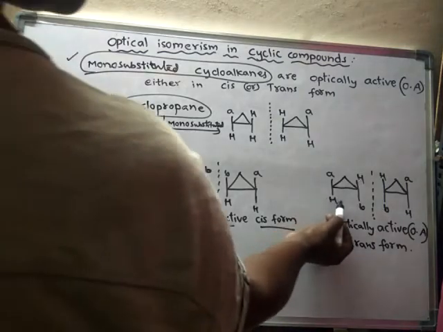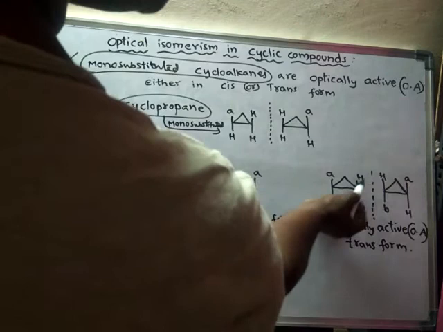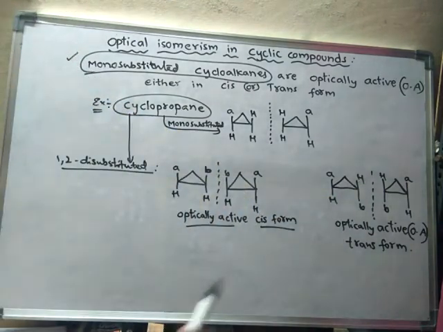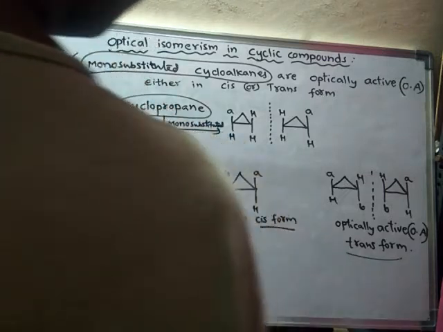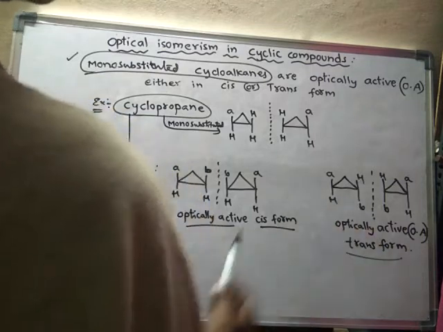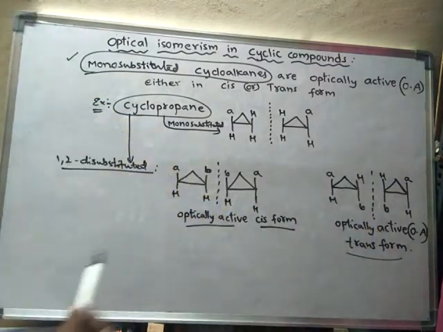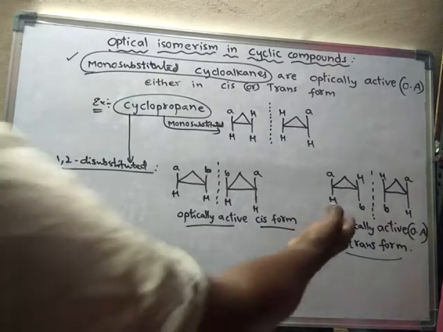So here this is the trans form of the same compound. Okay. So it is also optically active because it is producing a non-superimposable mirror image and it can form an enantiomeric pair. Okay. So it is also optically active.